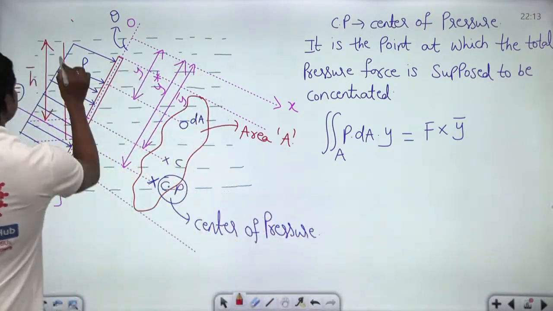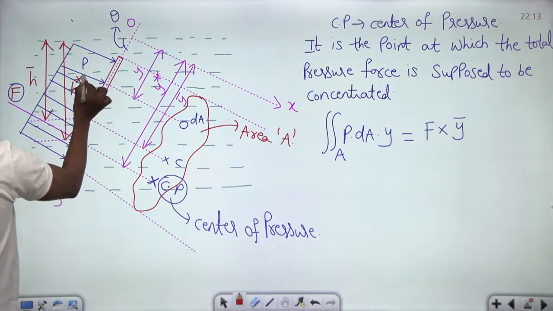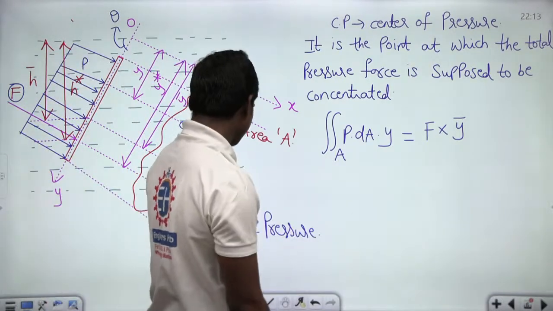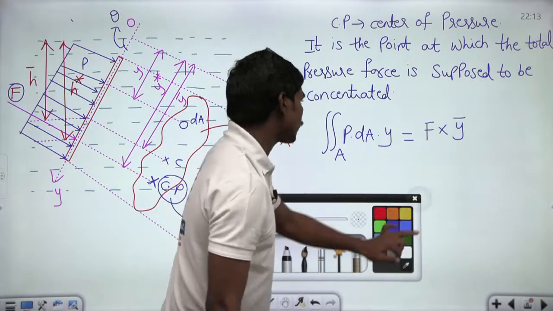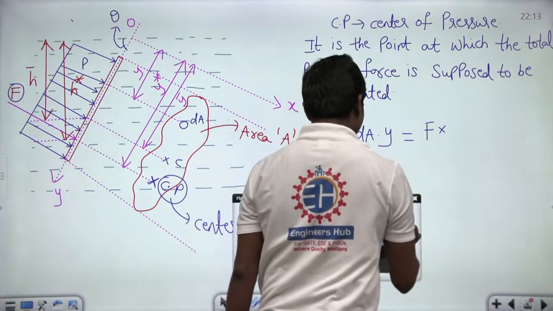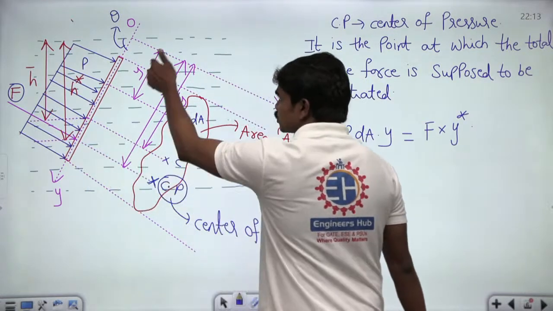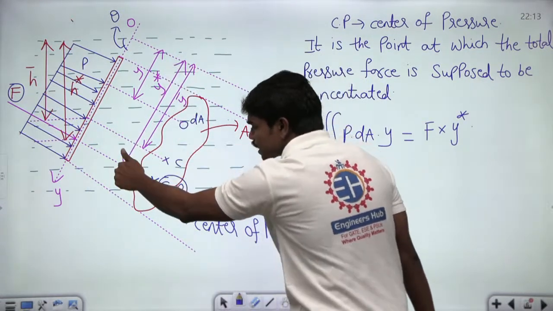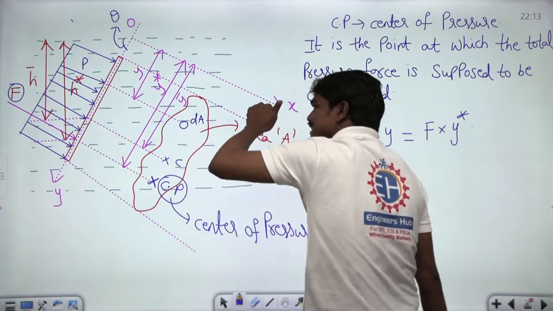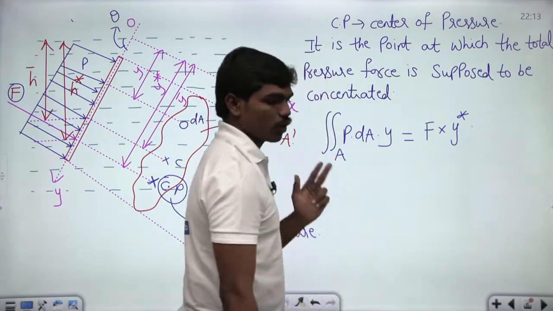See carefully, this is your H star, and this is y star that we have made. This F is supposed to be acting at a distance of y star from this, and F is acting at this location. So the moment of the total force F about this axis OX is F into this complete length, which is y star. Clear?